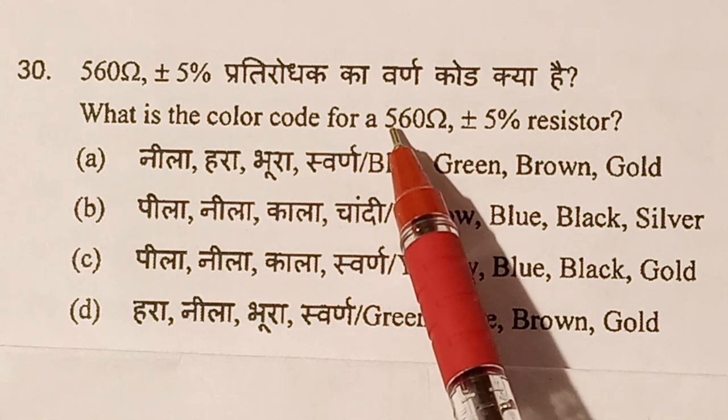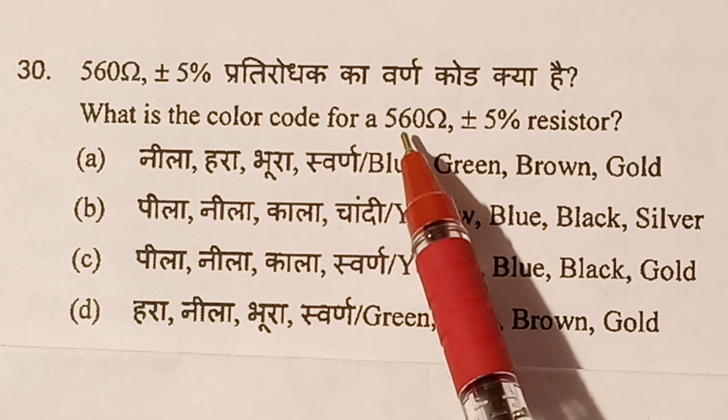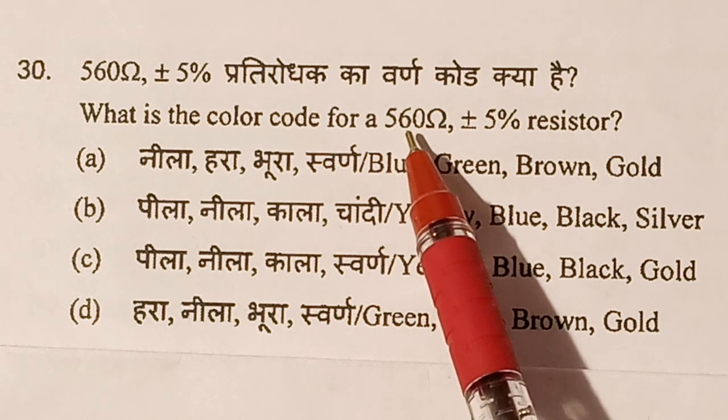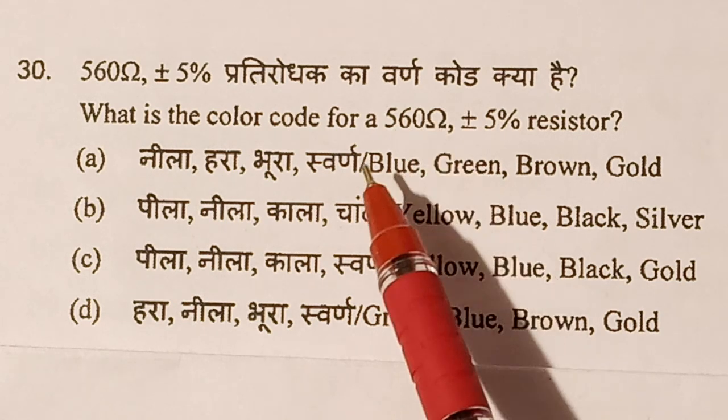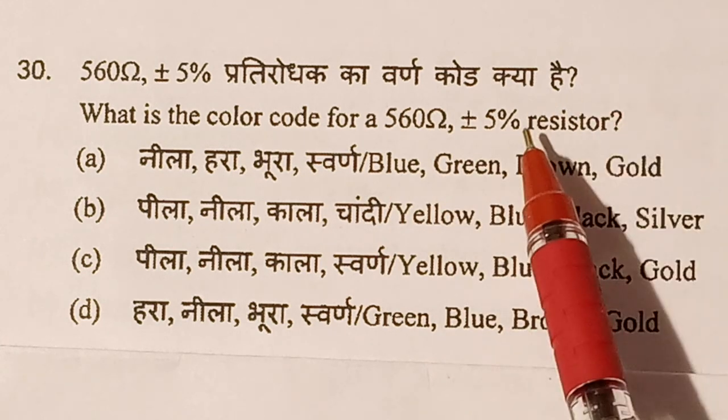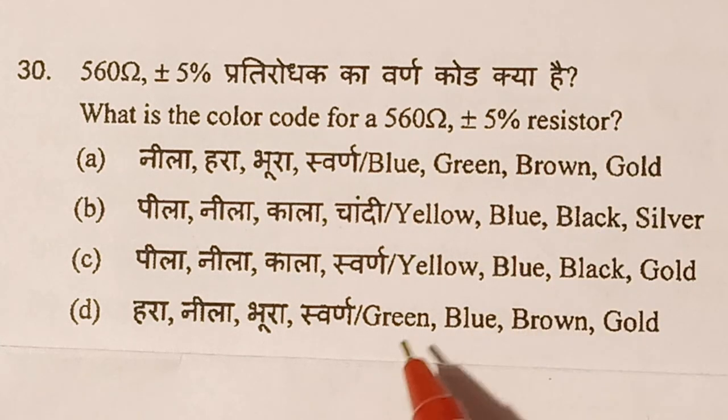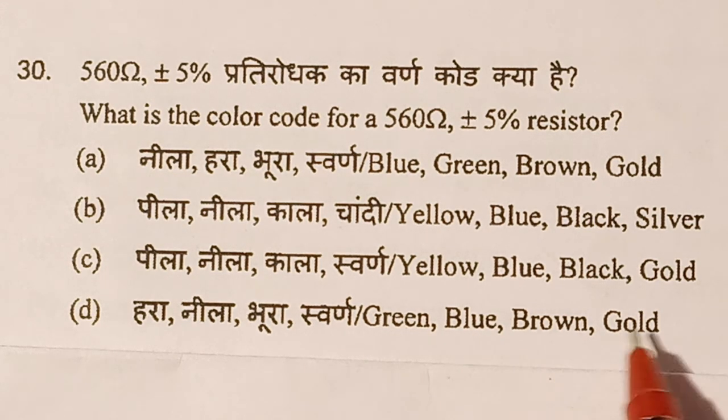The color code for 5 is green and for 6 it is blue. Multiplier 10, so it is brown. So the answer is option D, green, blue, brown, gold.